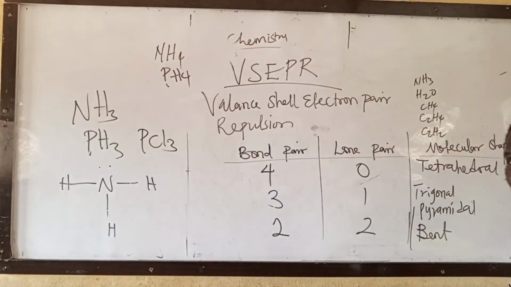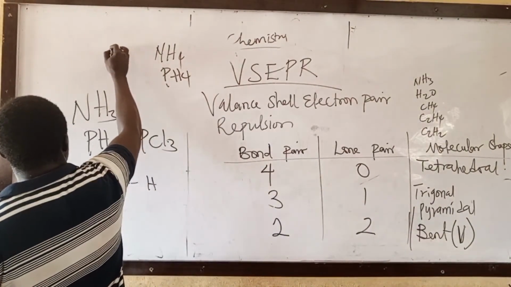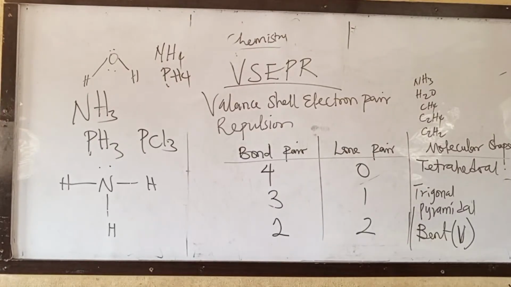Another name for bent shape: sometimes you might see V shape. That's the shape of water. It's like this, O, bent, V shape.